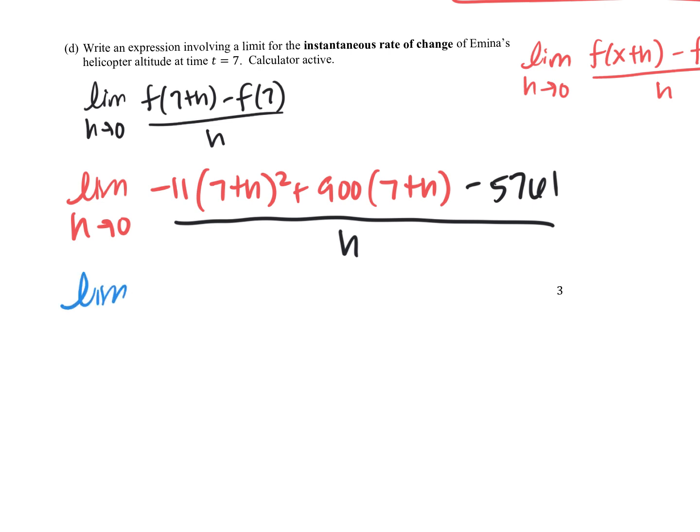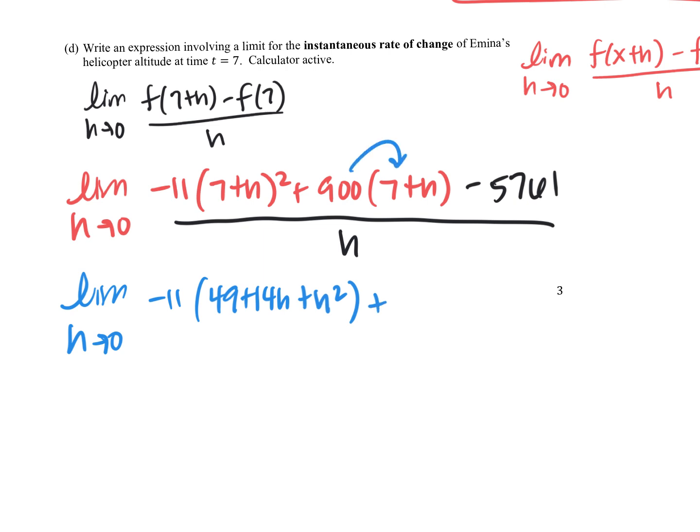So I've got negative 11. Let's distribute. What would 7 plus h times 7 plus h be? You got it. 49 plus 14h plus h squared. And if you're thinking, oh man, I couldn't do that, write it off to the side. Don't just take it for granted what we're doing. Plus, go ahead and distribute this.